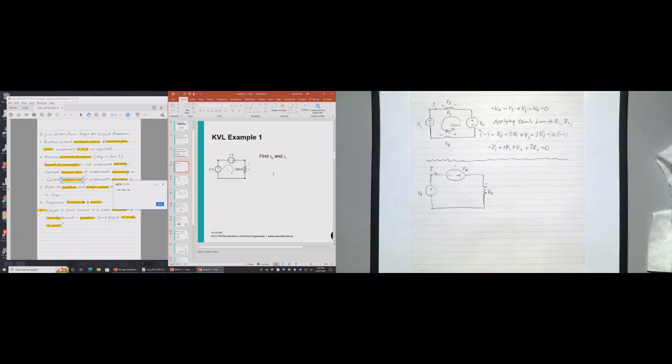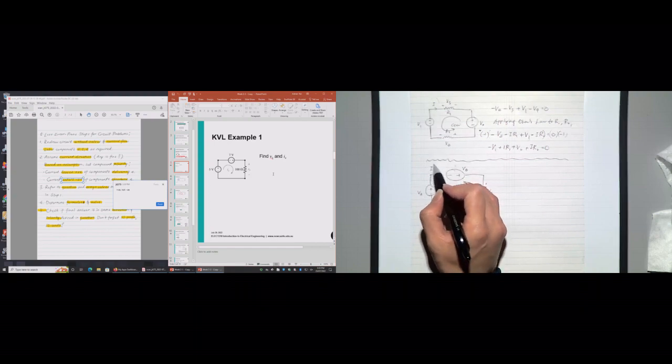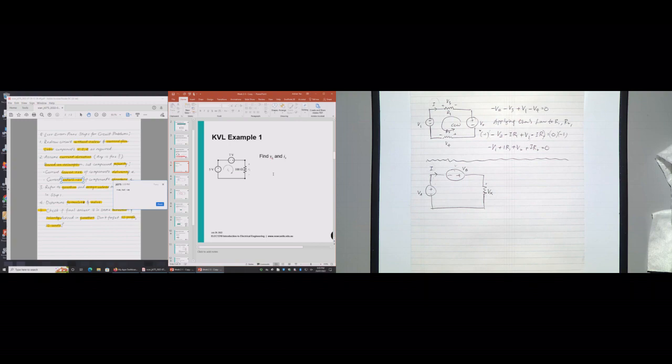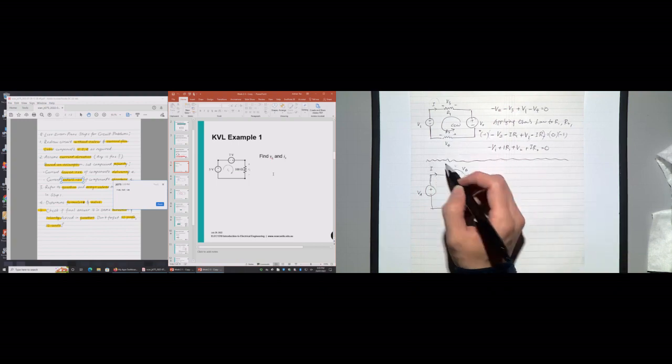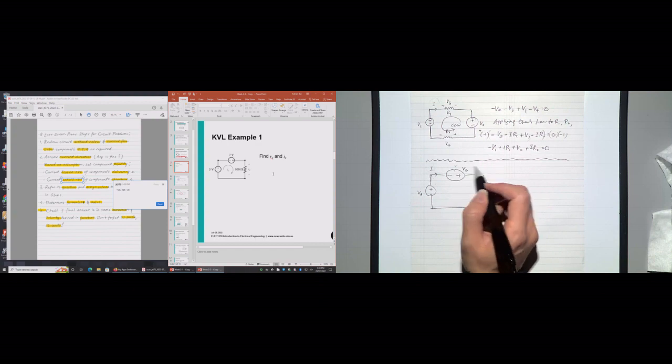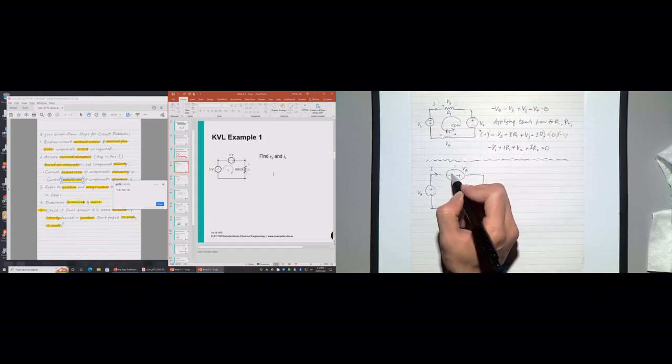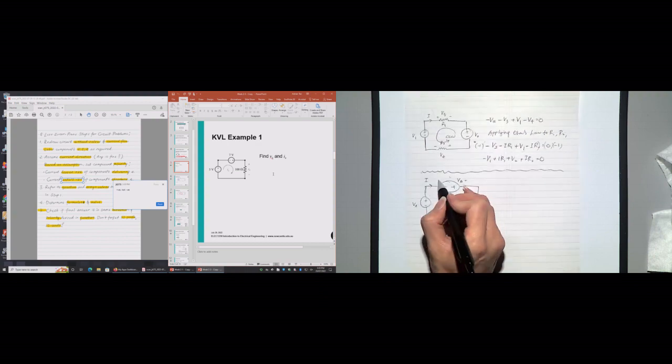Now I need to assign my polarity based on this current flow. This voltage source here delivers energy, so current should leave the positive terminal. Current is leaving here, so this must be positive according to my assumption.